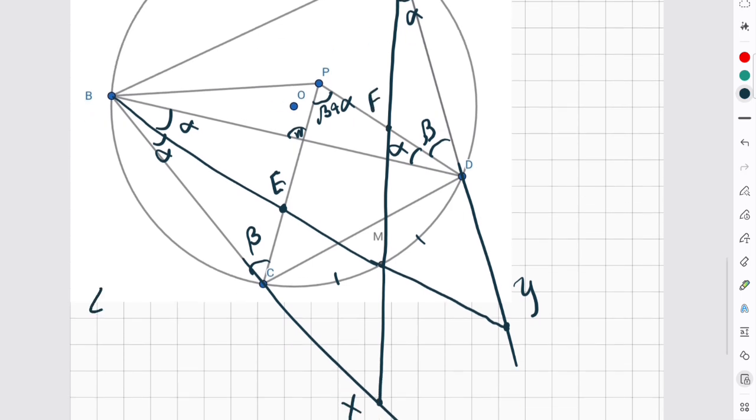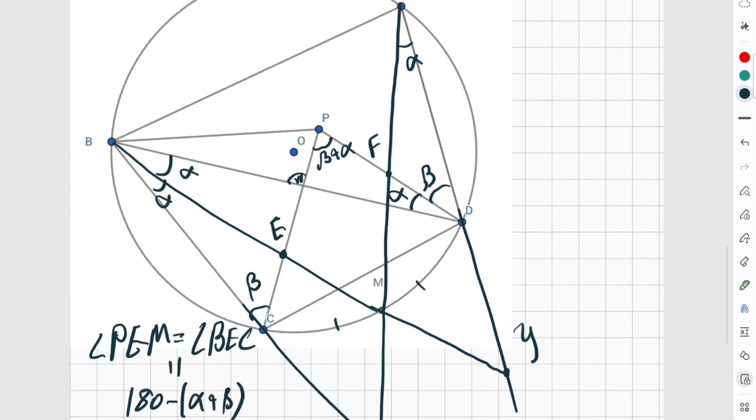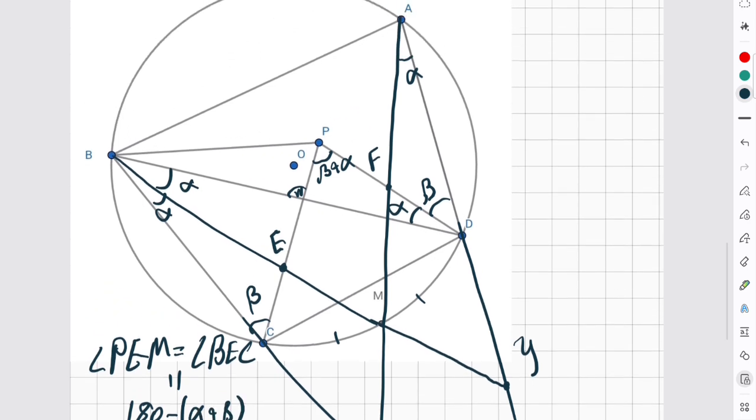And we know that angle PEM is equal to angle BEC, and these two angles are equal to 180 minus alpha plus beta. It is also the same thing for angle PFM, so it means that these two angles are equal.